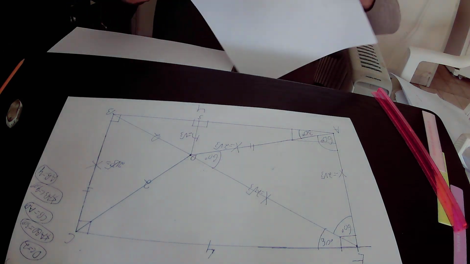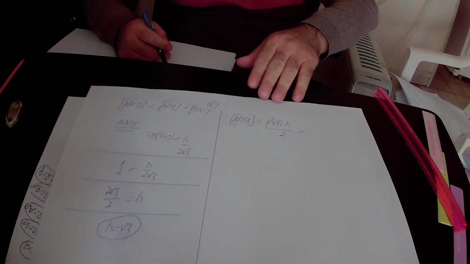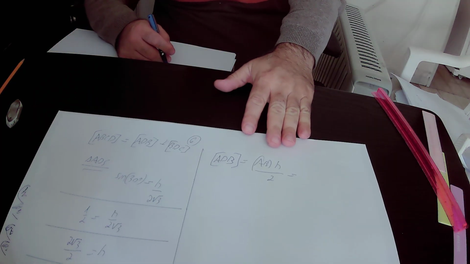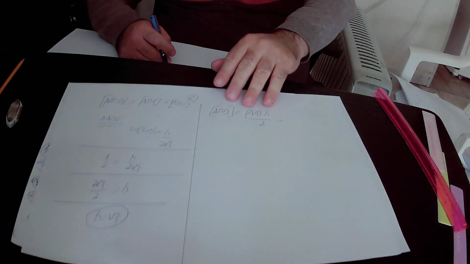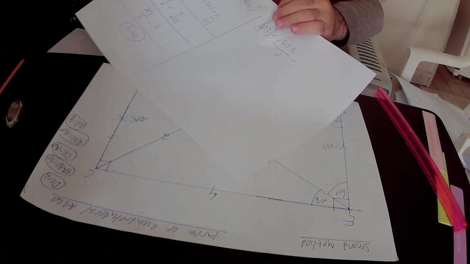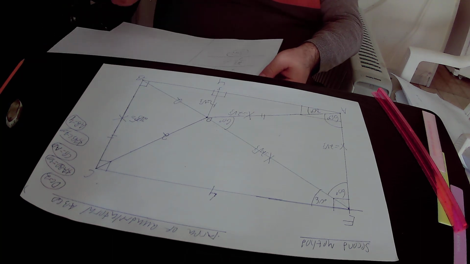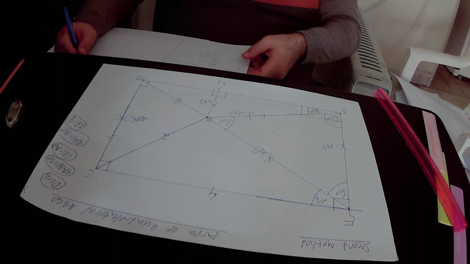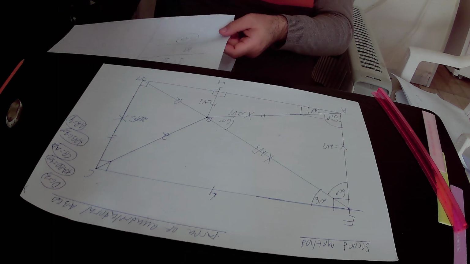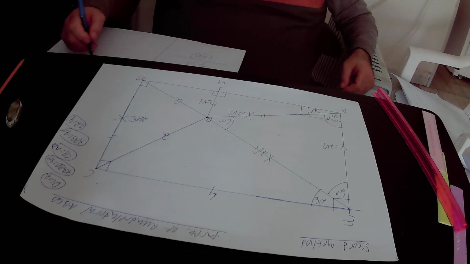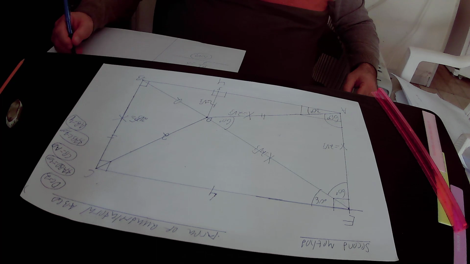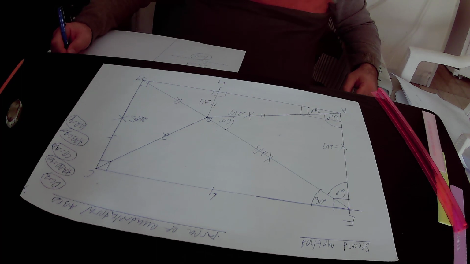We know that AB equals 4 units. h equals square root of 3 units. All divided by 2.